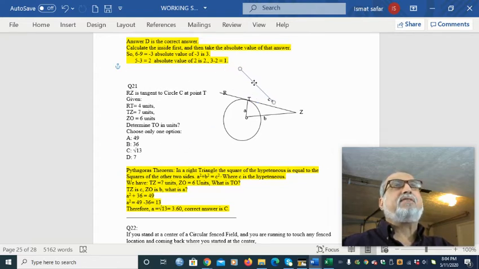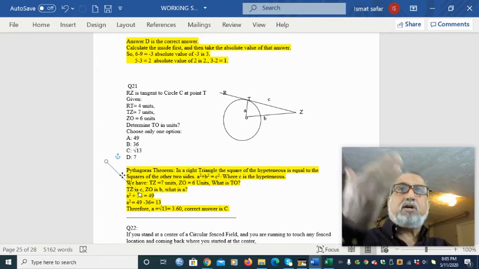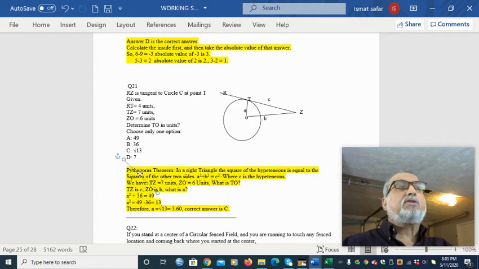So what we have? T to Z is 7, from here to here is 7. From this O to Z is 6. So we just plug in the values. A square plus b square equals c square becomes a square plus 36 equals 49, because b is 6 and squared is 36, and the square of 7 is 49.